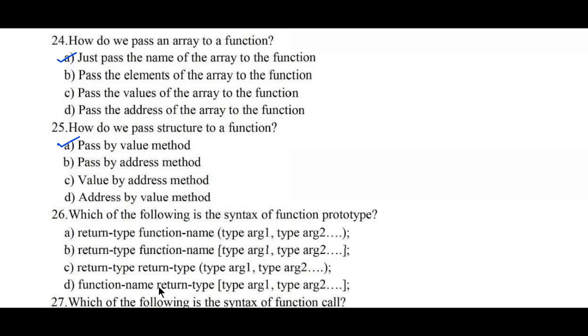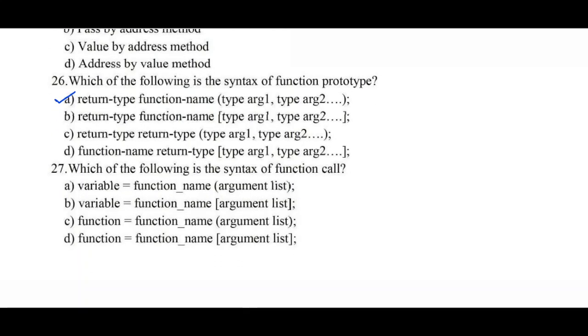Option D, function name, return type, inside the square bracket type argument 1, comma, type argument 2 and so on. So here the right syntax of function prototype is option A, return type, function name, and inside the round bracket type argument 1, comma, type argument 2 and so on.